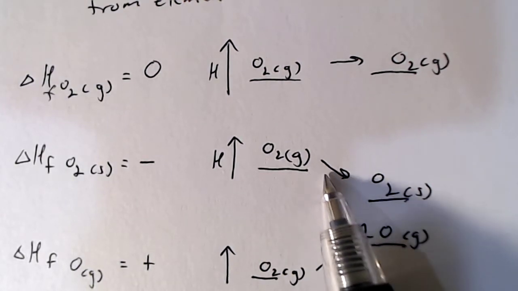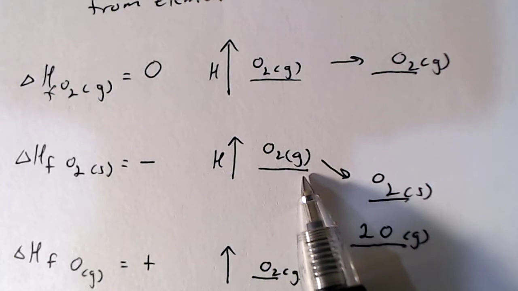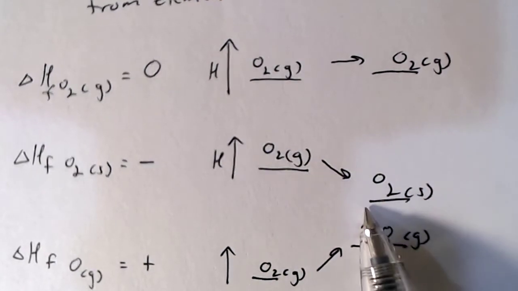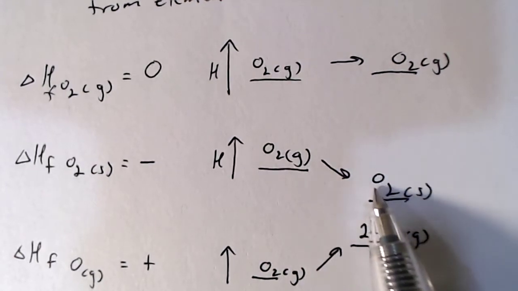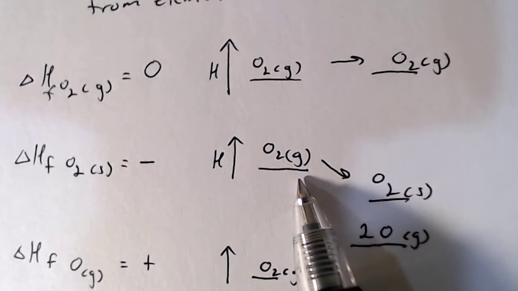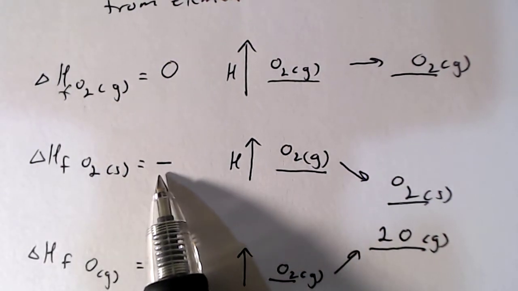And you know that solids are more stable than gases as they have more intermolecular interactions, dipole-dipole forces, dispersion forces, et cetera. So this is a negative change in enthalpy. So to form oxygen solid from oxygen gas is a negative change. That's a negative heat of formation of oxygen solid.